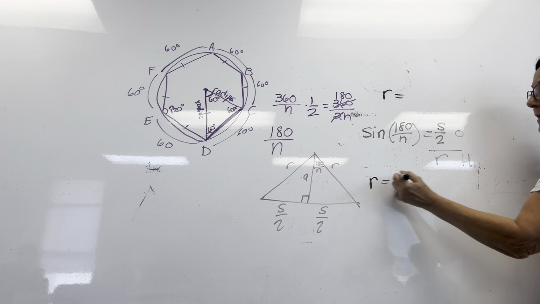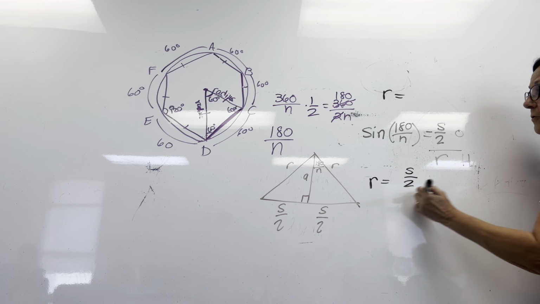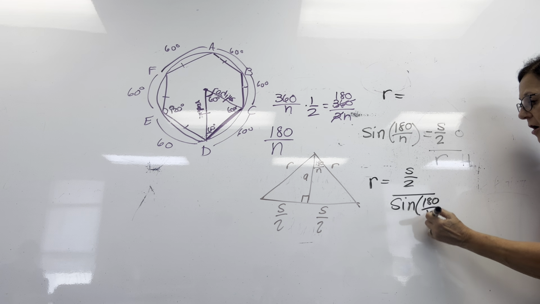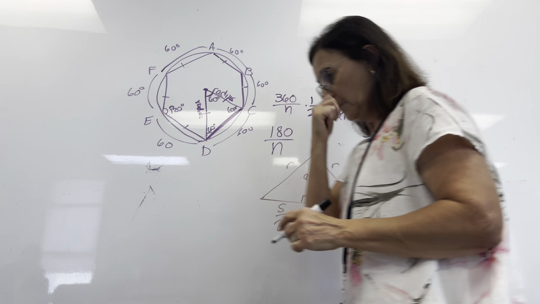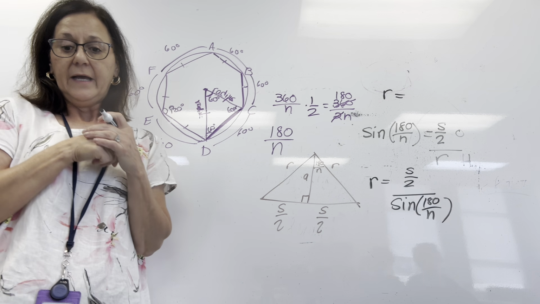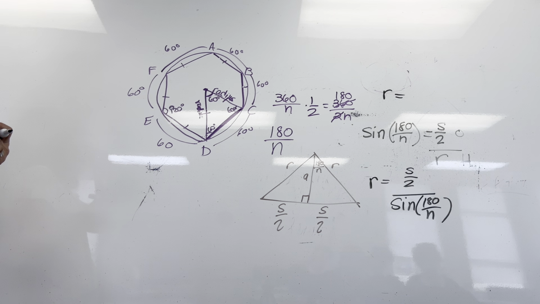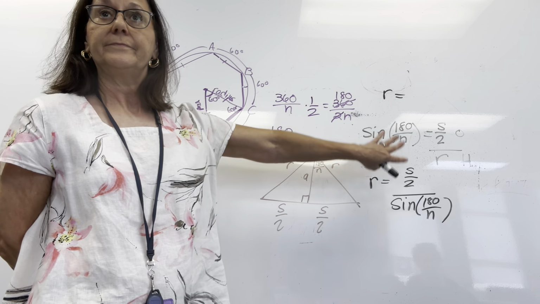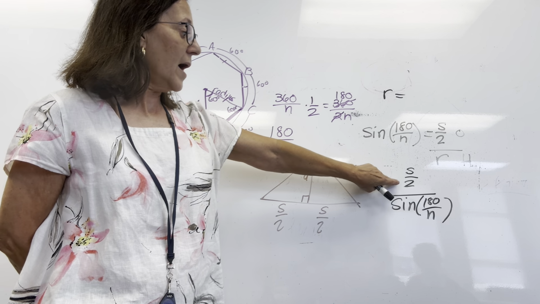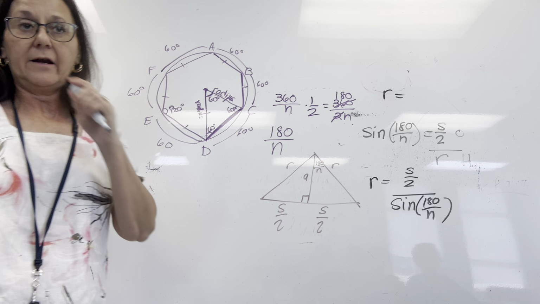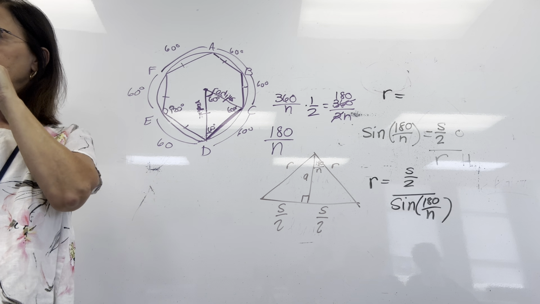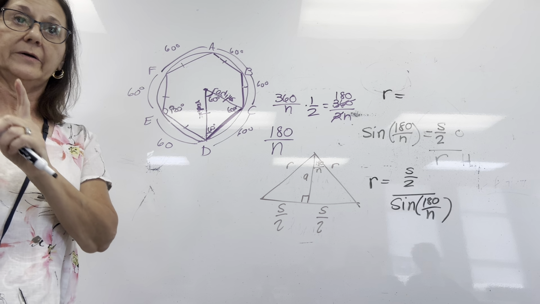So R equals the side over 2 all over the sine of 180 over that number. All right? Now what if I don't want, this is called a complex fraction. So how do I move that 2 to the denominator? This is algebra, the rules of algebra.